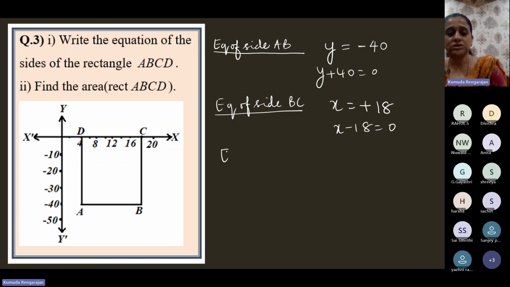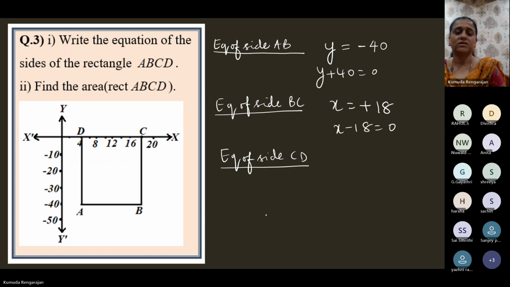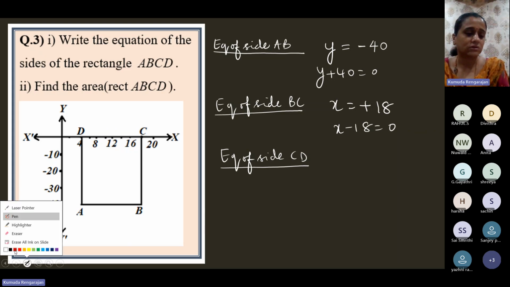Next, equation of side CD. Now, side CD is a part of the x-axis. So whatever is the equation of the x-axis is the equation of side CD. The equation of a line and any segment of the line is the same. If you take a small piece from that line, all of them will have the same equation.